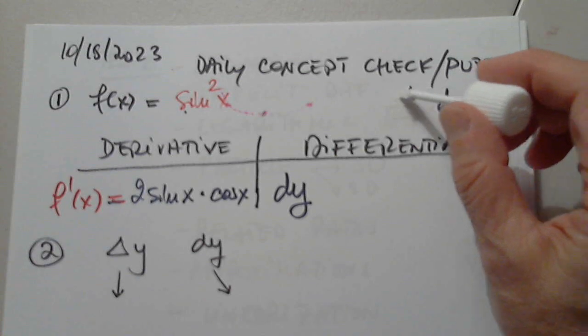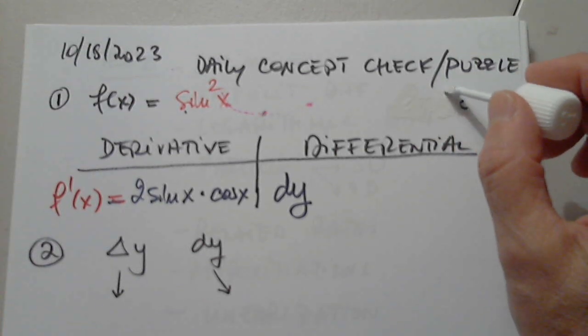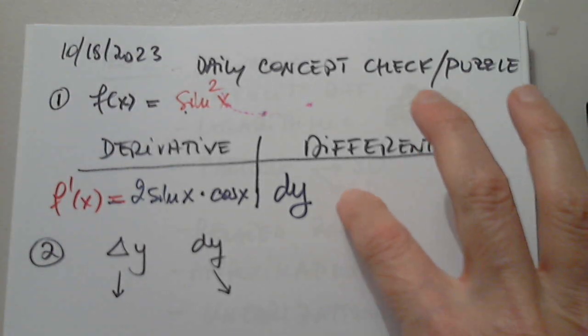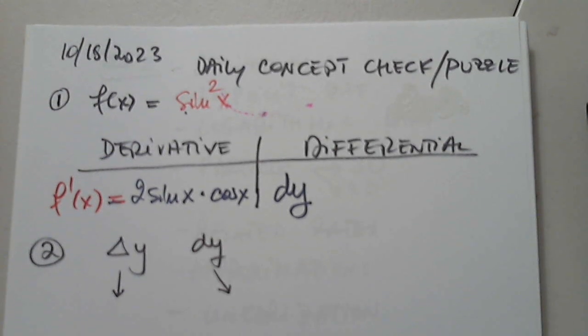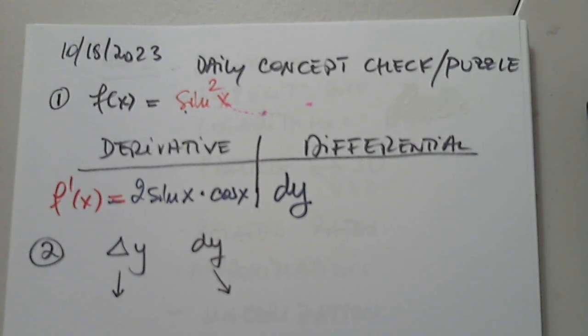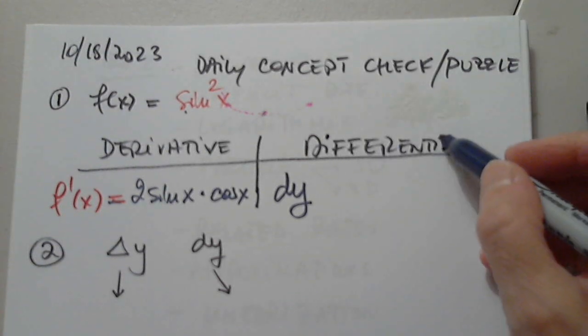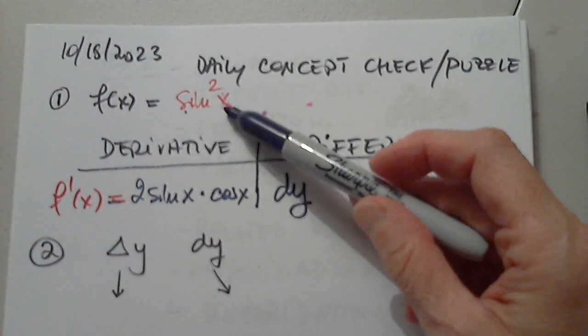So then, can anyone give us a differential for this function? Anyone, please. The differential for sine squared x. How do I write it? How do we write the differential for this function?